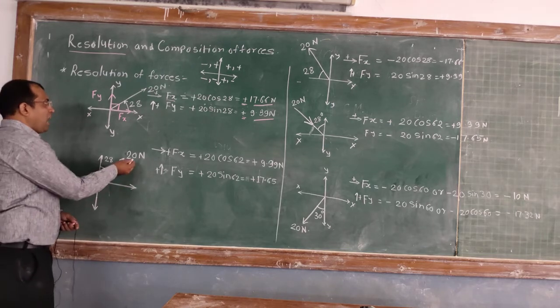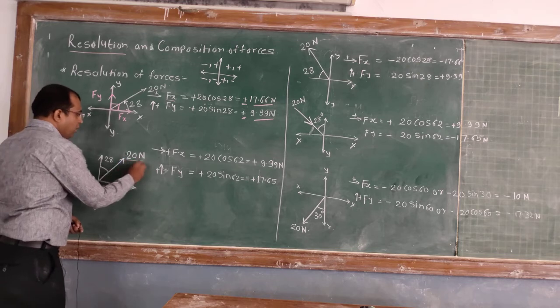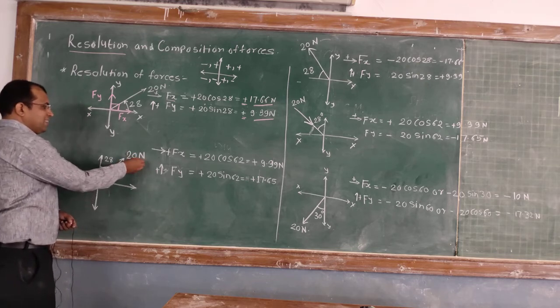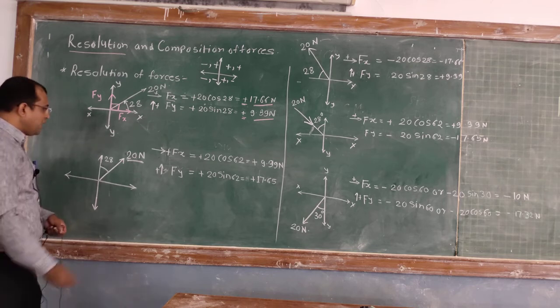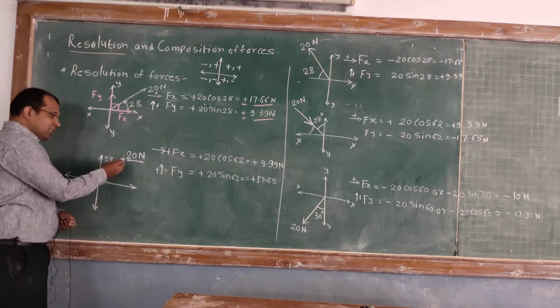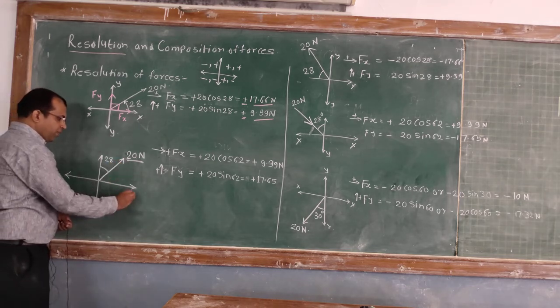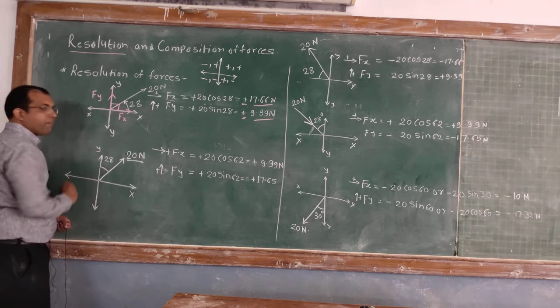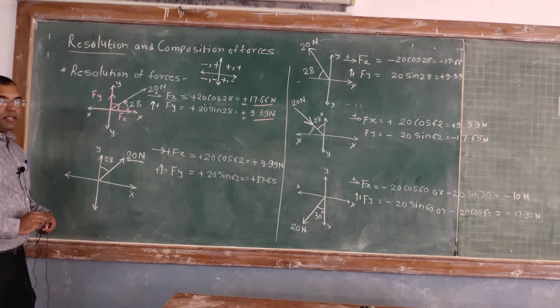In the second problem, I have considered the same magnitude of the force, 20 Newton, but now instead of the x-axis, the angle is given with respect to the y-axis.